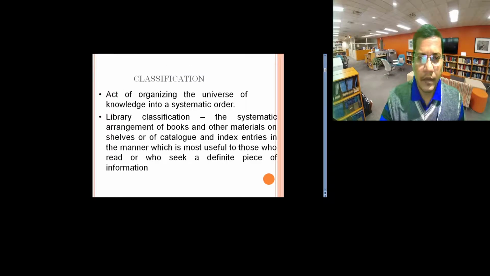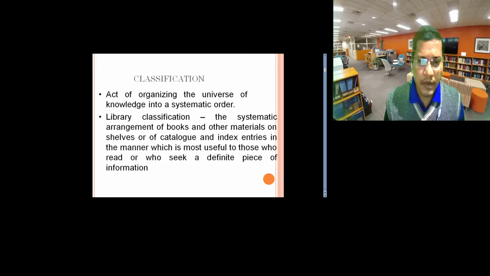In the definition part, I am going to say what classification actually is. It is nothing but the act of organizing the universe of knowledge into a systematic order.